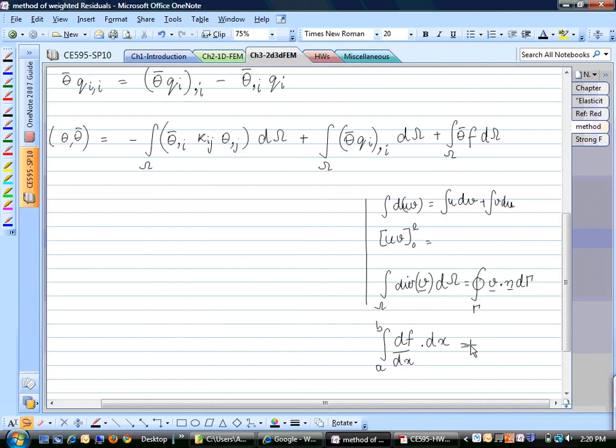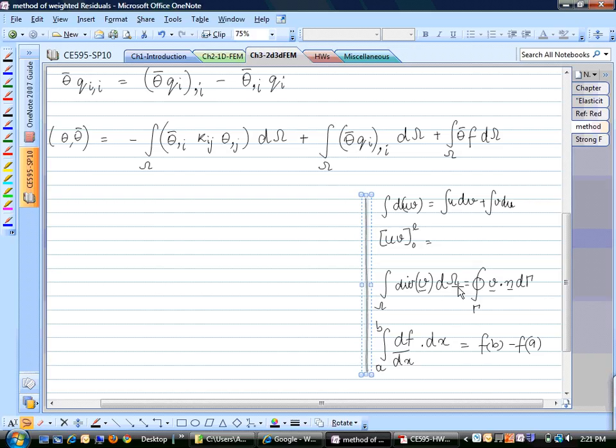So the answer would be f itself, with limits a to b. So what we are doing is f(b) minus f(a), and this is all that we are trying to do here in 2 dimensions also.